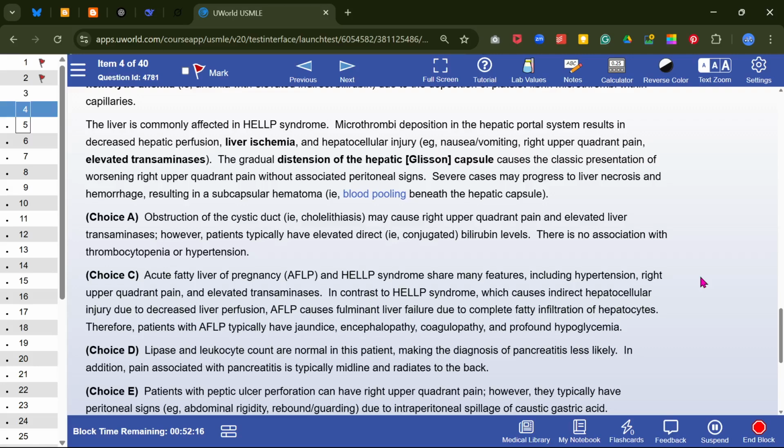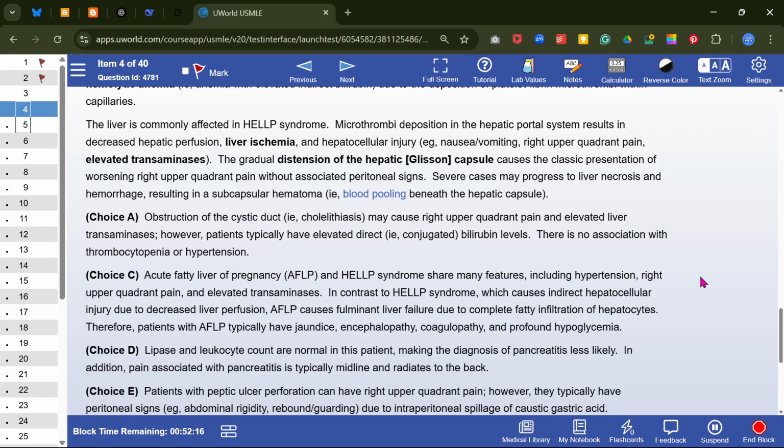Acute fatty liver of pregnancy and HELP syndrome share the same features, including hypertension, right upper quadrant pain, and elevated transaminase levels. In contrast to HELP syndrome, which causes indirect hepatocellular injury due to decreased liver perfusion, acute fatty liver of pregnancy causes fulminant liver failure due to complete fatty infiltration of the hepatocytes.